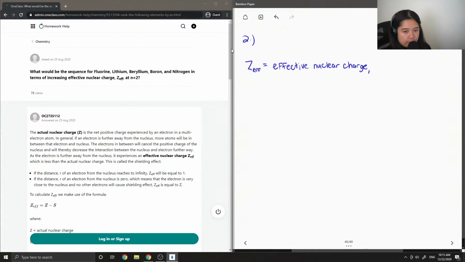In other words, this is the net positive charge that is felt by an electron.